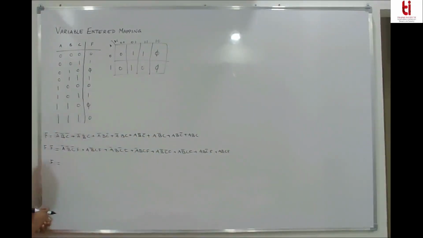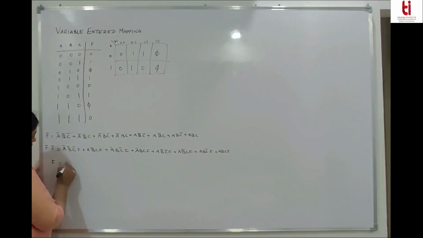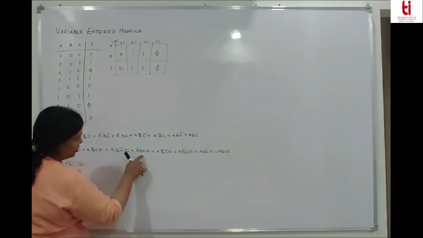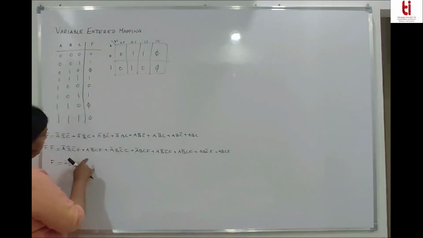This is the K-map. But if you want to plot this using this, what you can do is you can simply plot this into a 2 variable K-map. What you can do is you can write it A bar, B bar, C bar F. Where is A bar, B bar? Any term with A bar, B bar?